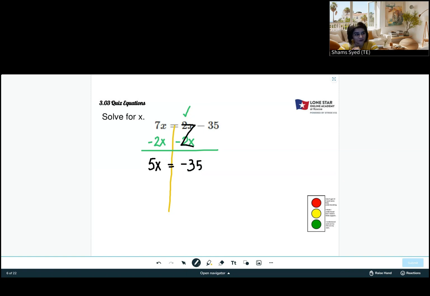The goal is to get an answer for x. We want to divide both sides by 5. Very good, Andromeda. That will generate an answer for x. Negative 35 divided by 5 will give us negative 7.